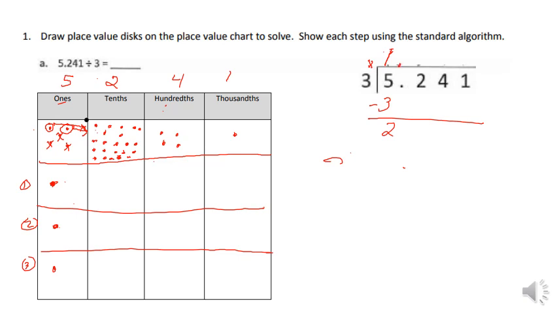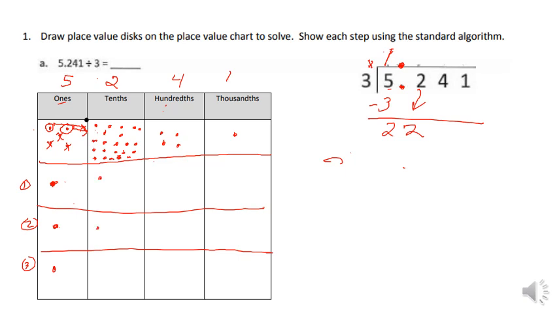If I come over to my standard algorithm, first thing I'm going to do is put my decimal point in the same spot that it was in my dividend, and I'm bringing down the next digit. If you notice now, I have 22 tenths, and that's the same as when I had brought them over. Now I'm at 22 tenths. I'm going to split them up equally between 3 groups.